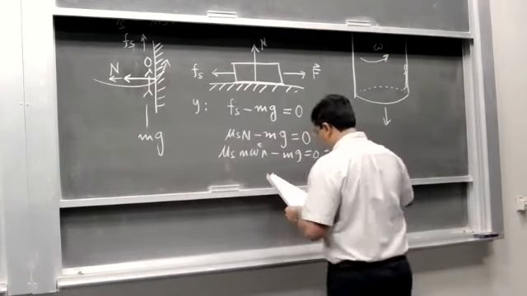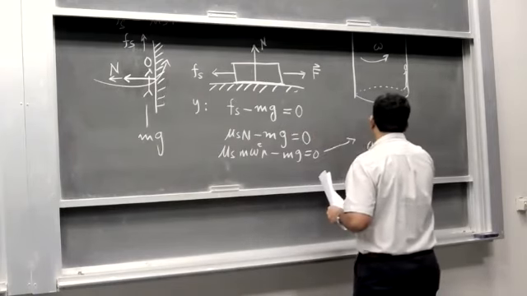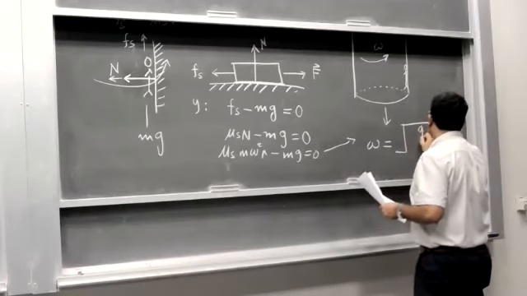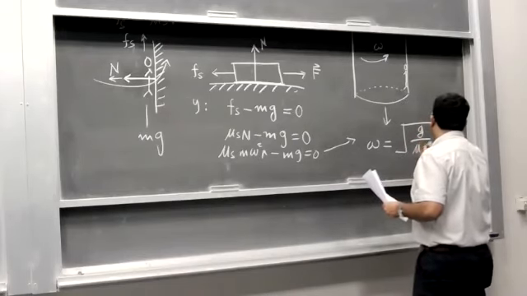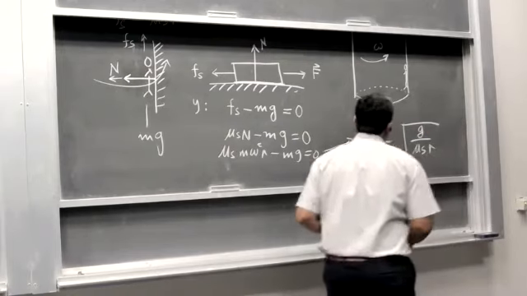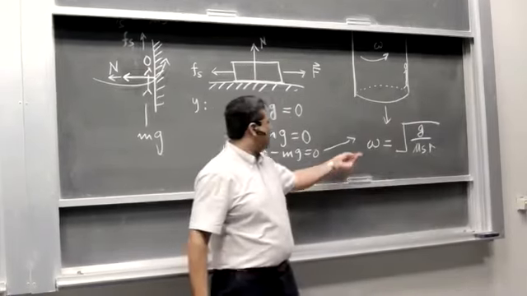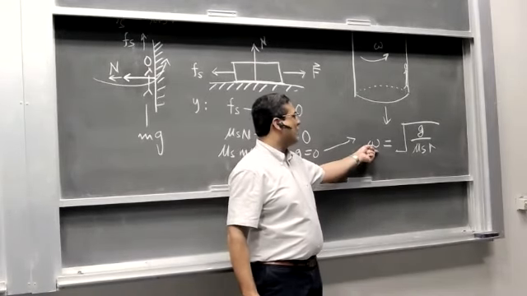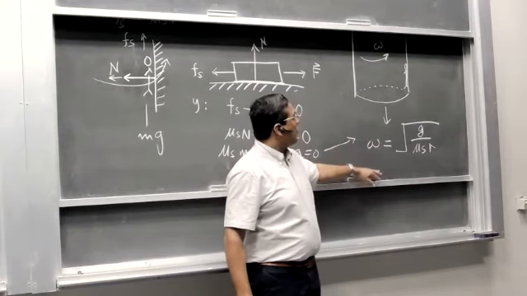And then you can solve this equation for omega, and I think it turns out to be the square root of g over mu s r. So this would be the minimum rotation frequency that you need the rotor to rotate at for the people to not fall.